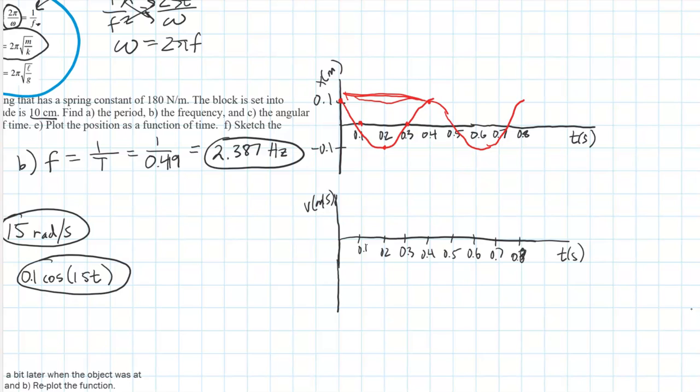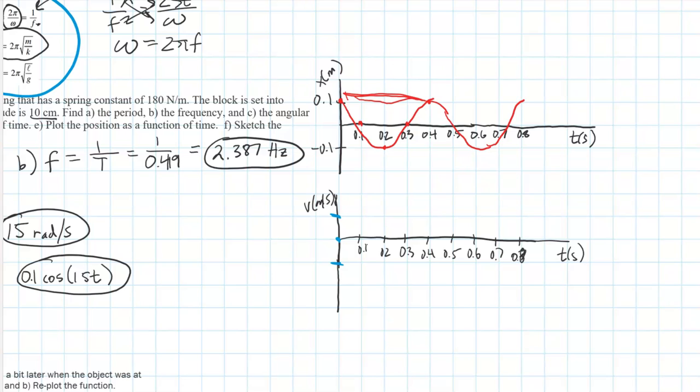So for velocity, well, remember that when the object is at its maximum position, the velocity is going to be 0. And let's just make that our max and min. Remember, it's 90 degrees out of phase.